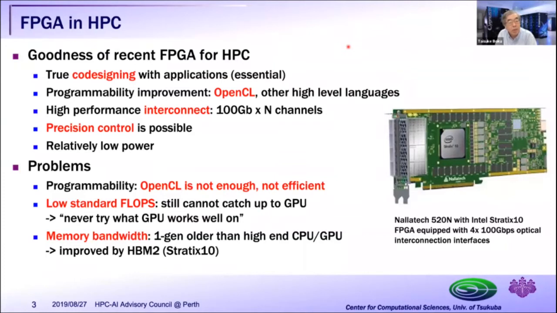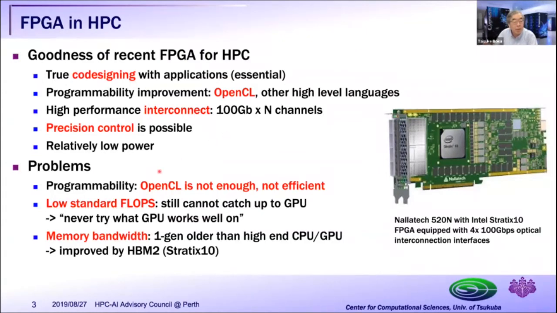And most importantly for HPC, the high-end FPGA is now equipped with multiple channels of up to 100 Gbps optical links. That is very good because for the scalability of the computation, we can easily construct an FPGA-own interconnection network. And there are some other good features.